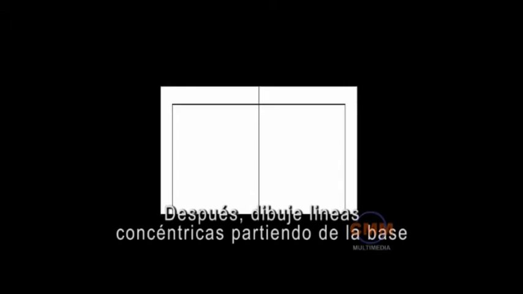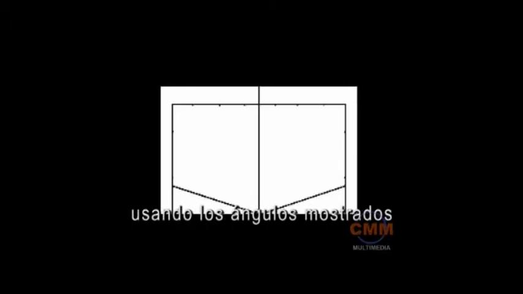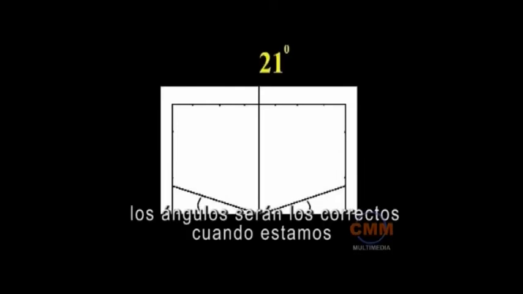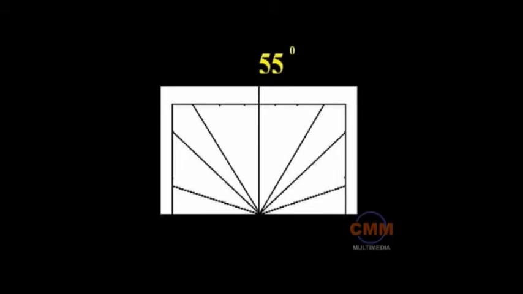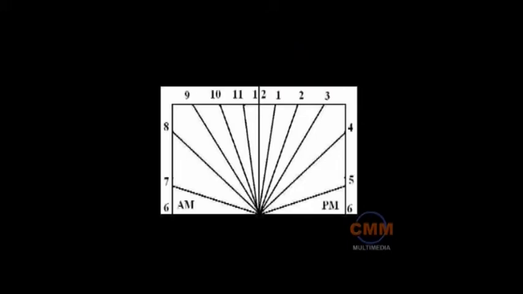Next, draw lines radiating from the base at the angles shown. Use a protractor. These angles are correct for latitude 45 degrees north. Label the dial as shown.